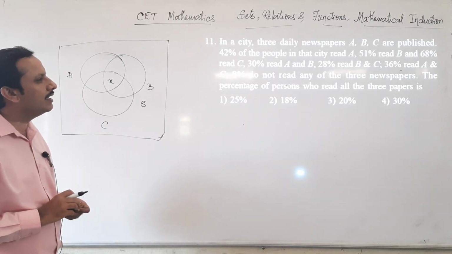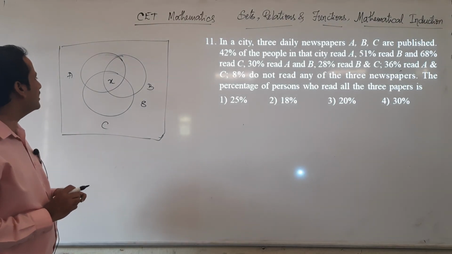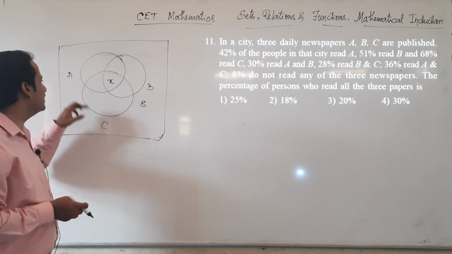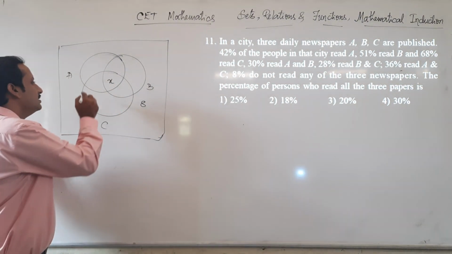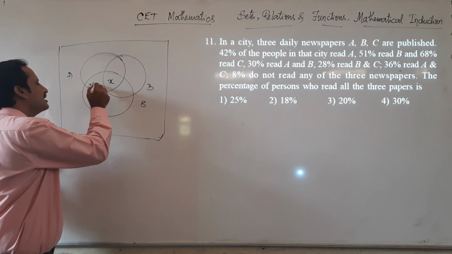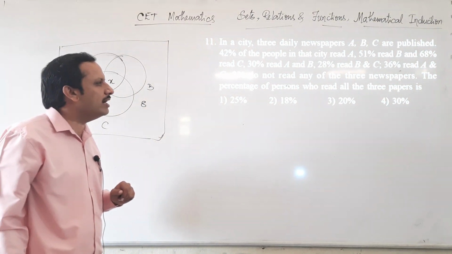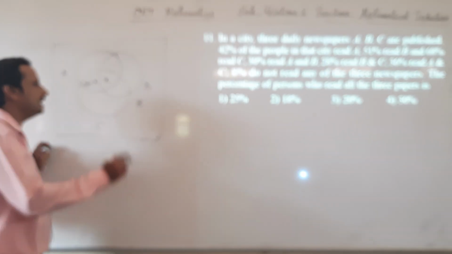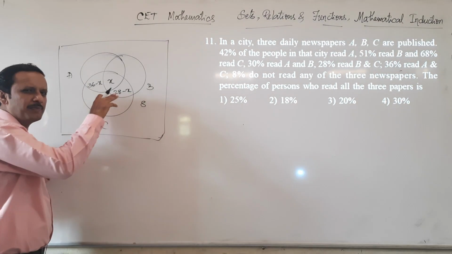Then 36% read A and C, in that X is already here, so the remaining is 36 minus X. Then 28% read B and C, in that X is here, so 28 minus X. Actually it should be percentage.